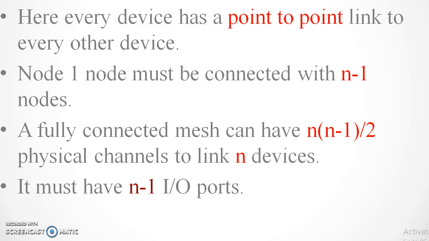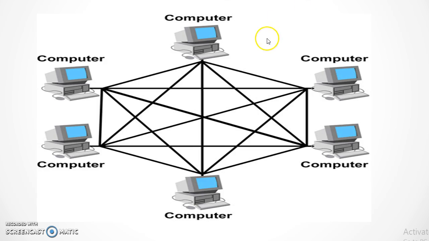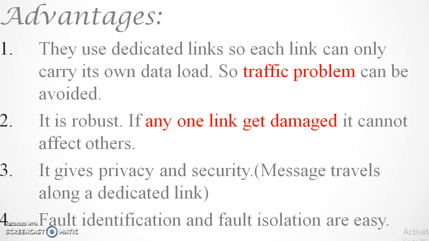That means every computer will be interconnected together. This figure shows a mesh topology. Here you have 6 computers and all the 6 computers are interconnected together to form a mesh. That is mesh topology. Now the advantages of a mesh topology.